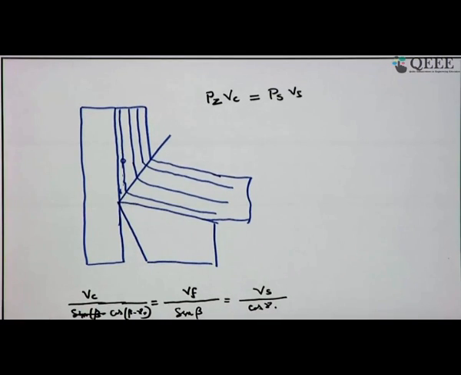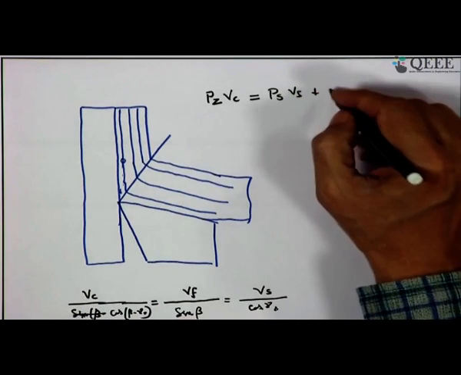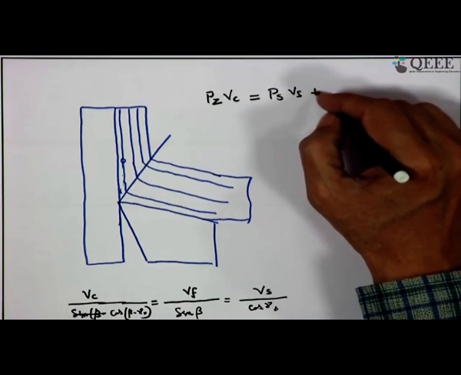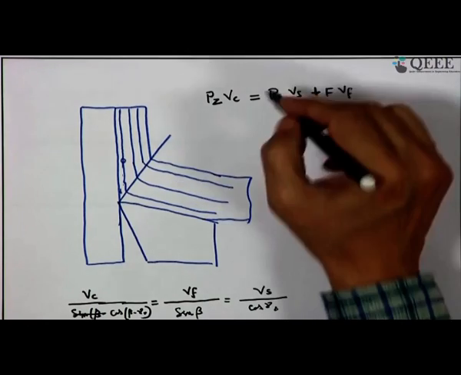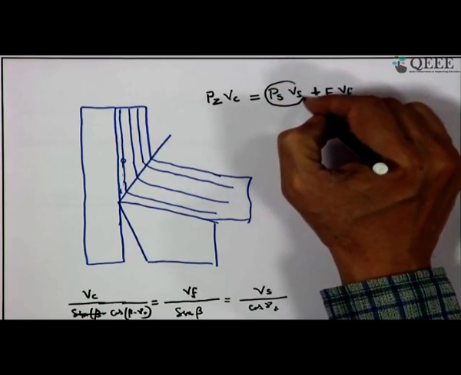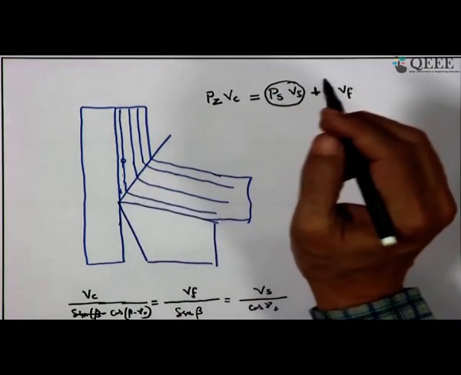So, this way we can find that this is the relation shear velocity, chip velocity, and main flow velocity. So, we can find out here that this one, it is F into Vf. So, this becomes the source of heat in the primary shear zone.